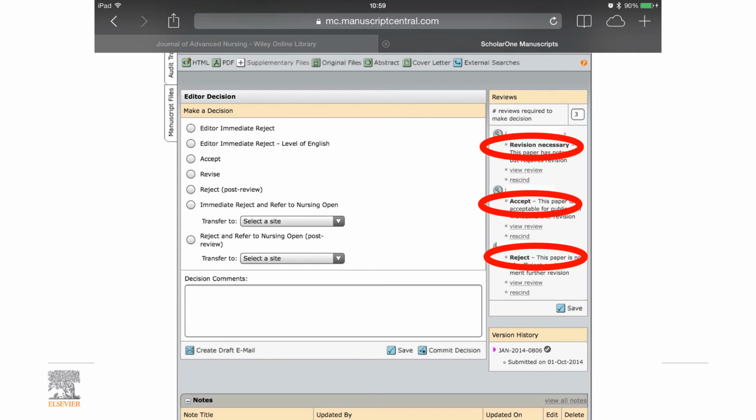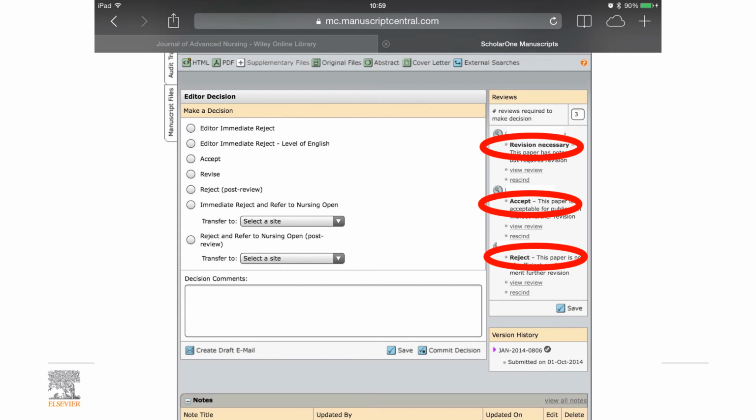Now the editor has to negotiate his or her way through these reviews, and they come to the decision based on those reviews, and different journals will take different decisions. I would imagine on journals like NEP or Journal of Advanced Nursing, which have lots of submissions and are very well established journals, that rejection and revision, even if there's an acceptance there, would possibly lead to rejection.